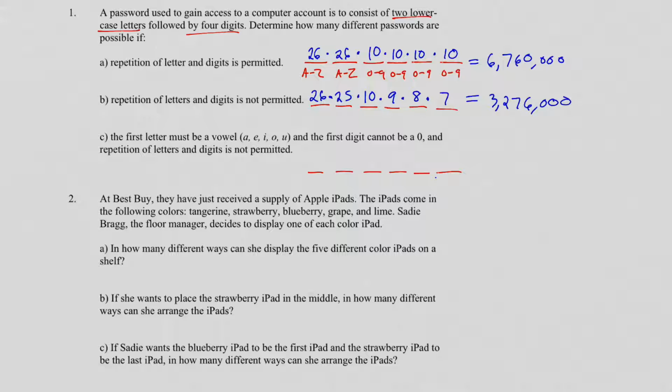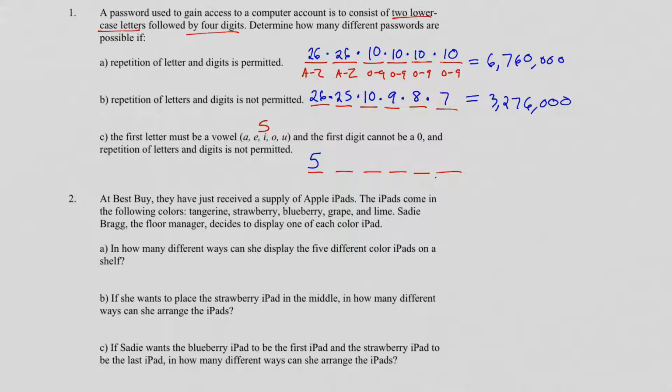All right, a lot of restrictions there. So let's take it one step at a time. In our first spot, we are going to choose out of 5 vowels, right? So that's how many you have to choose from in the first spot. 5 vowels. Check.